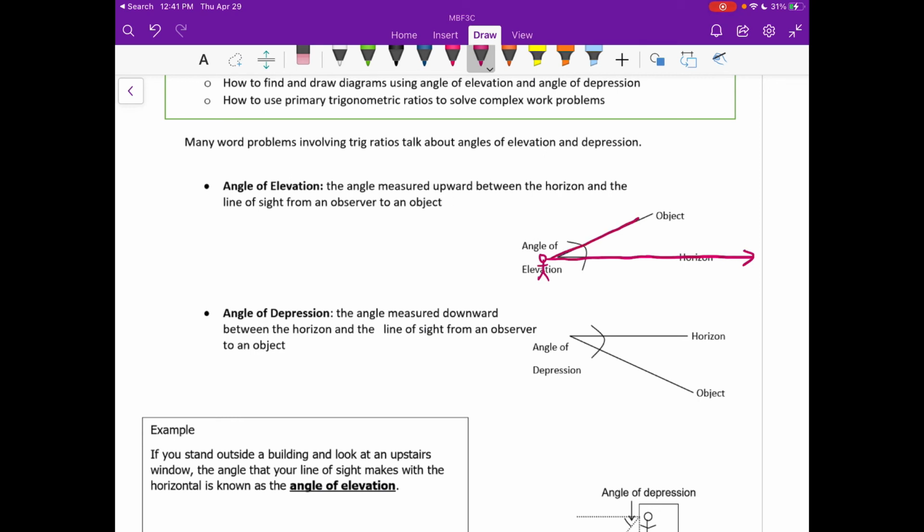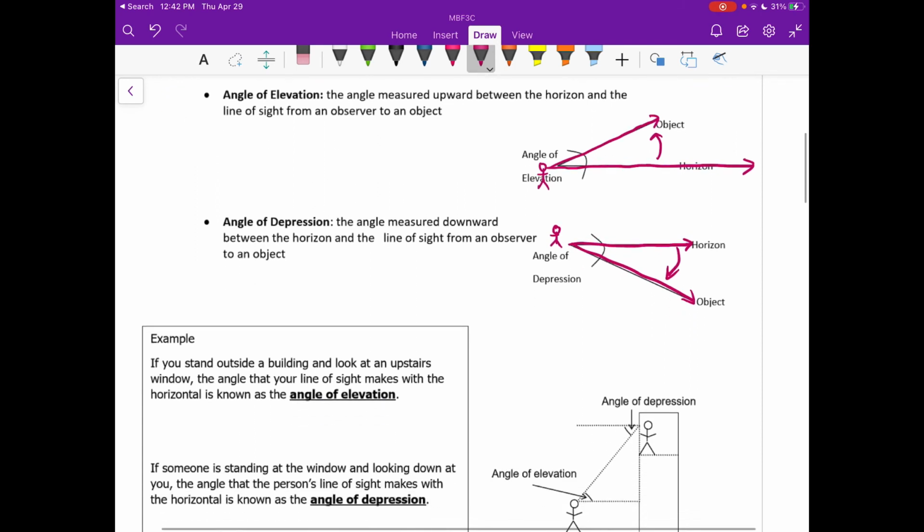And then if it opens upwards, it's an angle of elevation because it's elevating, right? So again, if you were a person standing here, your line of sight would be straight, and the angle measures downwards between the horizon and line of sight from an observer to an object. So if you were to look down from here, it's opening downwards, so it is an angle of depression.